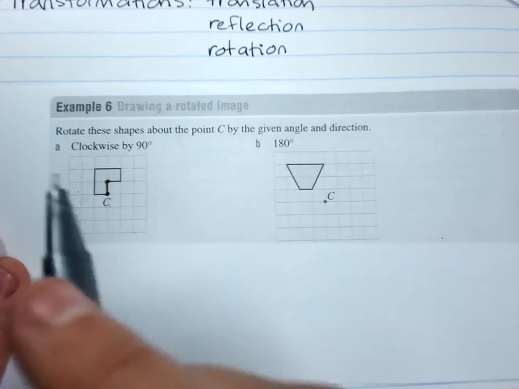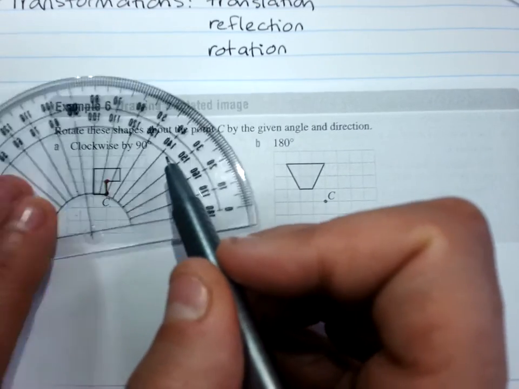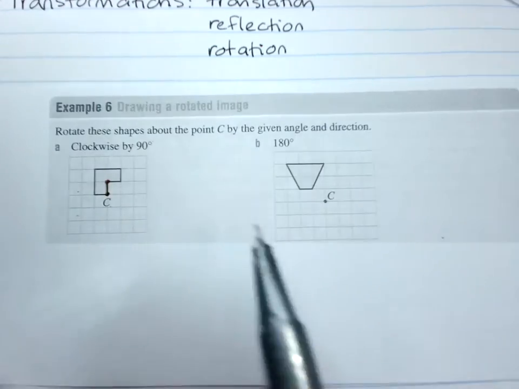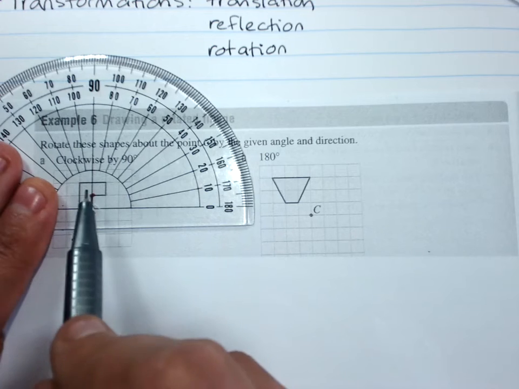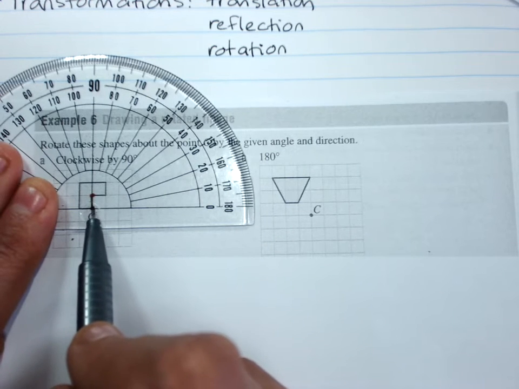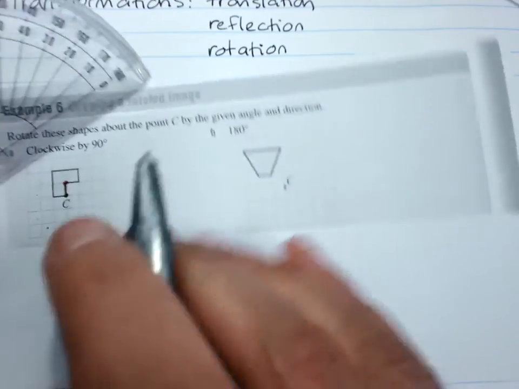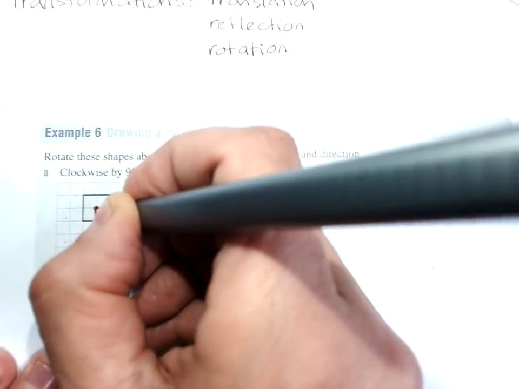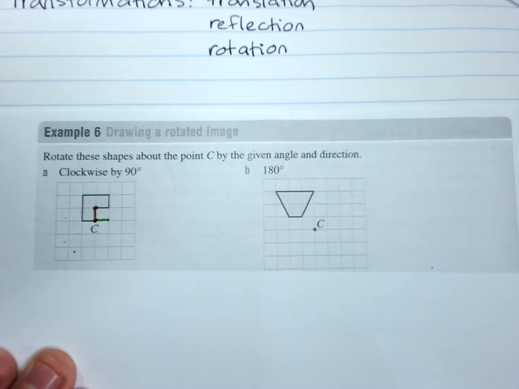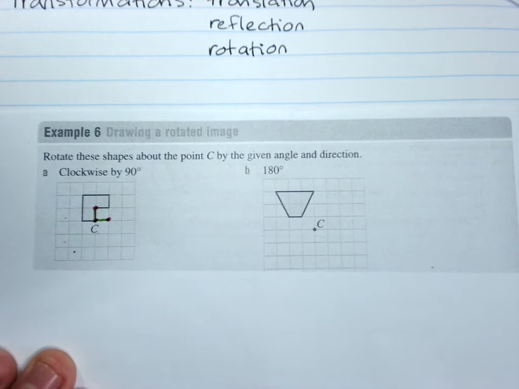You go straight from that point to C, and then 90 degrees, because that's what they asked us to do, which is obviously given by a grid square, which is nice and easy, clockwise, and I want to be that same distance out from C. This point ends up here.